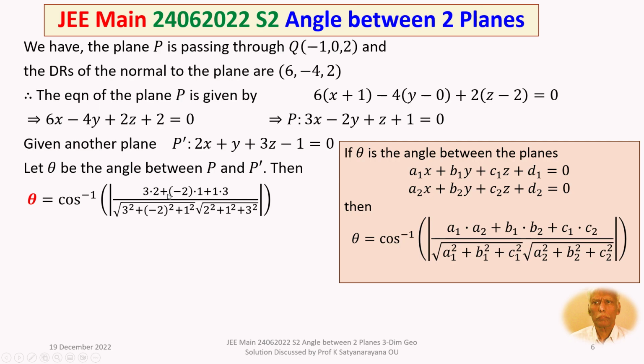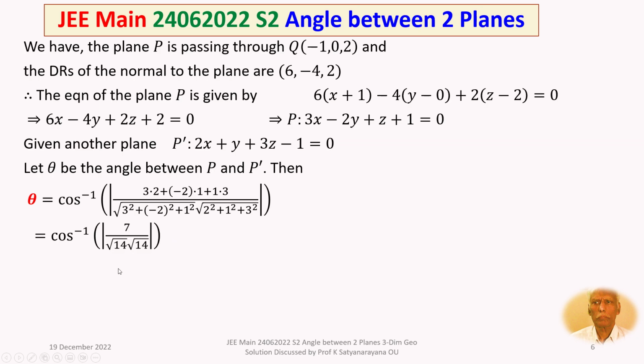Now multiply these things, add, and simplify. We get cos inverse of 7 divided by the square root of 14 multiplied by the square root of 14, and that is 7 by 14, that is cos inverse of 1 by 2, and we want the acute angle. Therefore theta is cos inverse of 1 by 2, that is pi by 3.